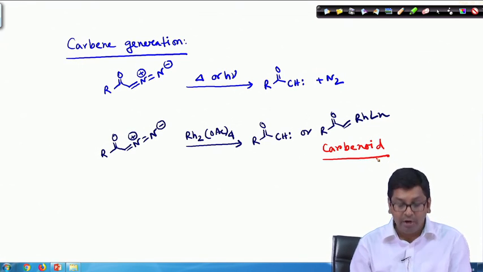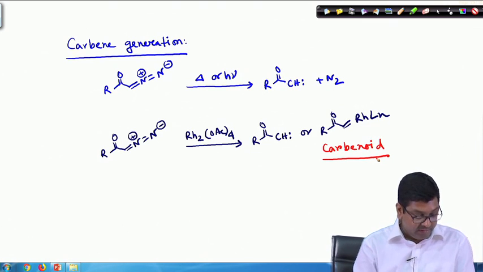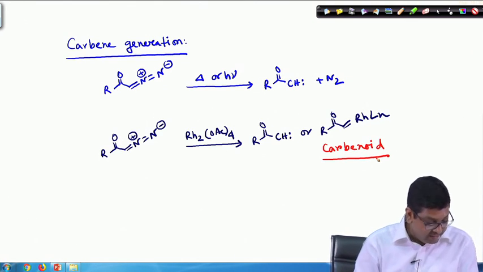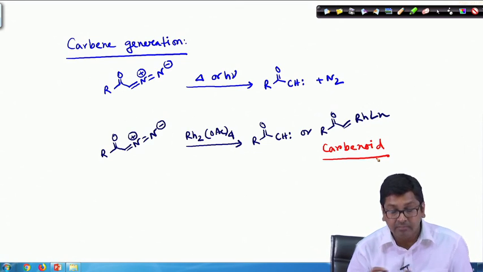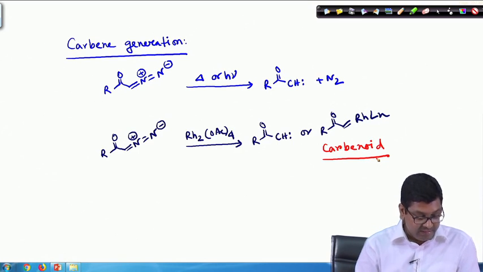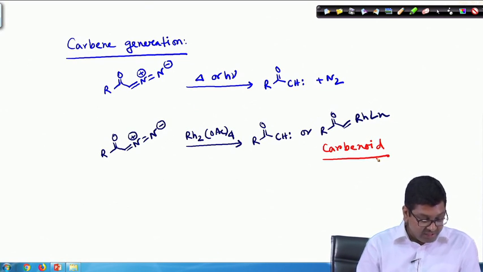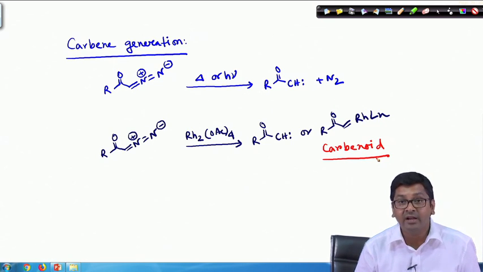So, what is carbenoid? Carbenoid is also a similar type of species like carbenes, but in that case it is actually partially bound to other atoms. Okay. So, carbenoids are species that react in a similar fashion like carbenes, but in general are partially bound to some other atoms.